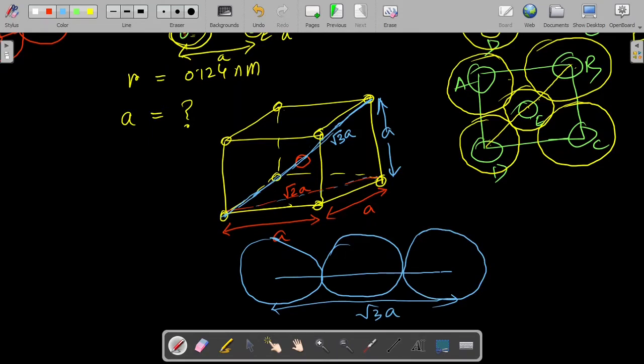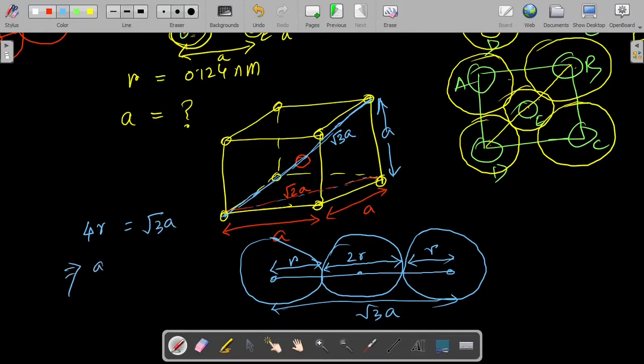Very bad circles, huh? And these atoms have a radius r. This r is given, we have to find out this A. This is twice r, and this is another r. So from here you can see 4r is equal to this total length, root 3A, for BCC.